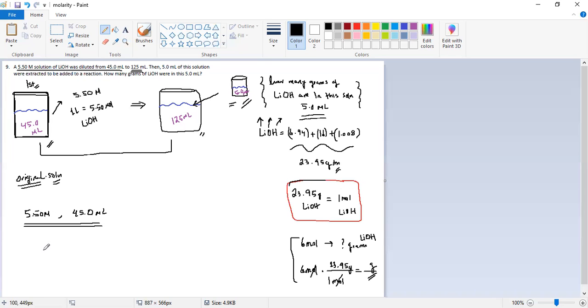So what you could do in this case is just say that, okay, you have 45.0 mL, and of course you want to express this in terms of liters, because your conversion factor of molarity is itself moles per liter. So you would want to put your liter in the denominator and your moles in the numerator so that your liters would cancel out and you would be left with moles of your substance, which is actually what we want.